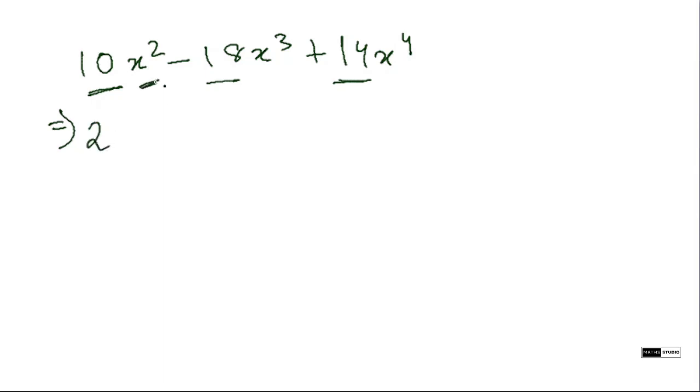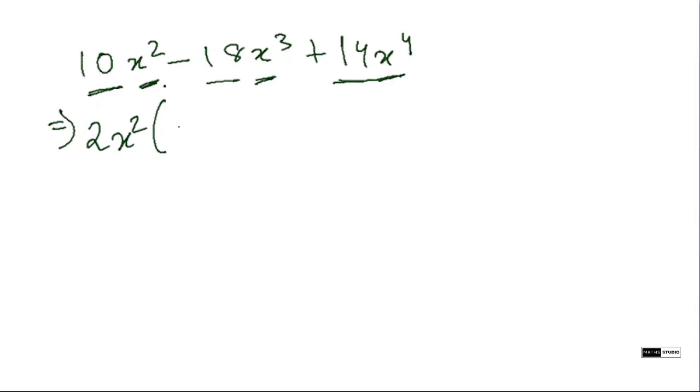Now here we have x square, x cube and x to the power 4. So which is the smallest power? x square. So blindly I can write down x square over here. Why? Because the smallest power for a given variable is going to be a common factor for all of them.